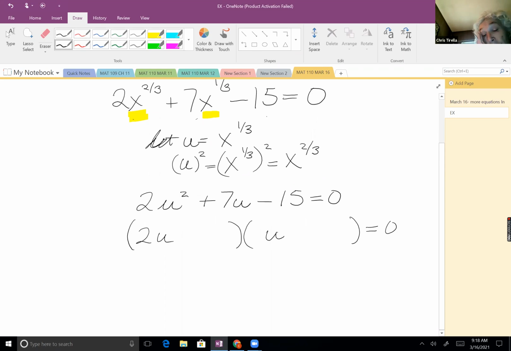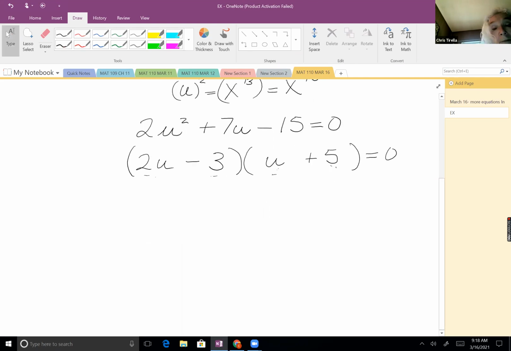For 15, if I look at it as 5 times 3, if I put the positive 5 here and the negative 3 here, when I multiply, I'd have first 2u squared, outer plus 10u, inner minus 3u. And that 10 minus the 3 would give me that 7 in the middle. So we've got it. So now we'll set each factor equal to 0.